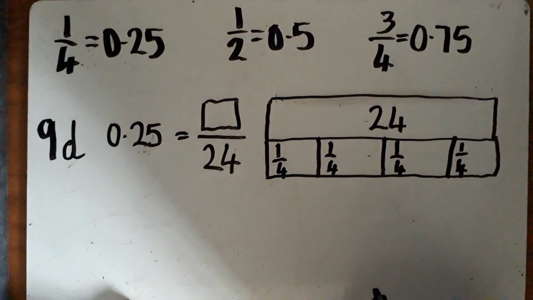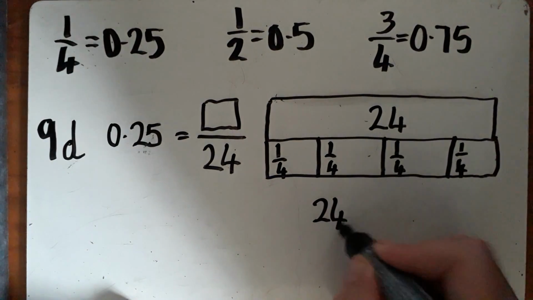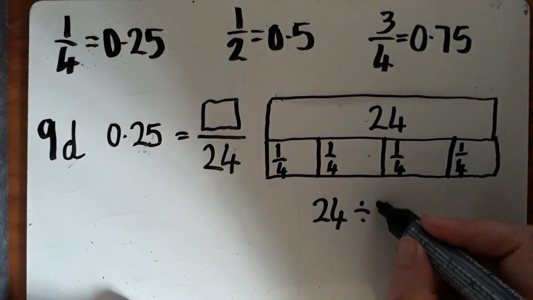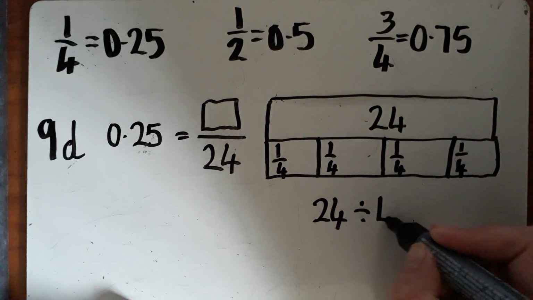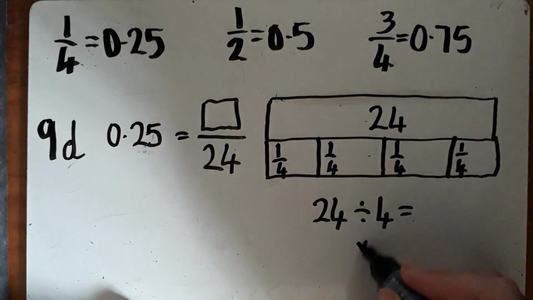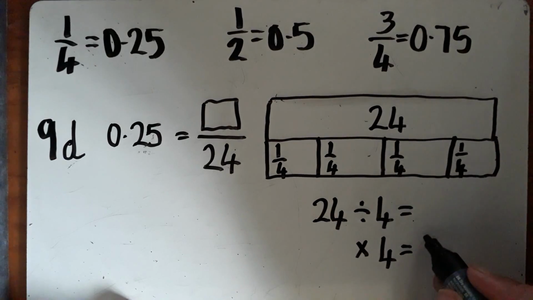So what we have to do is take our 24 and divide it into 4 equal parts. So 24 divided by 4. If you can't see it, something multiplied by 4 is the same as 24.